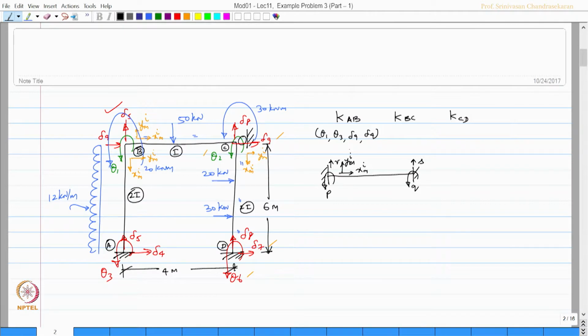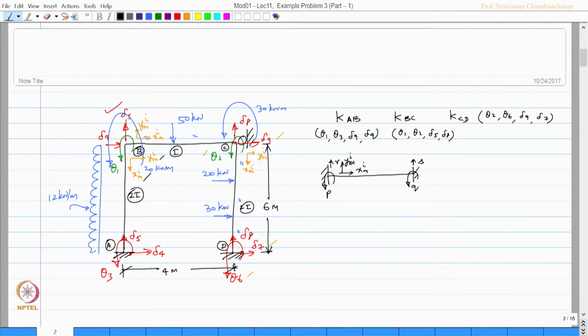So, for every member I have to orient the axis and accordingly I must select the label. Similarly, for KBC we should have labels as theta 1, theta 2 and delta 5 and delta 8. For KCD the labels are going to be theta 2, theta 6, delta 9 and delta 7.